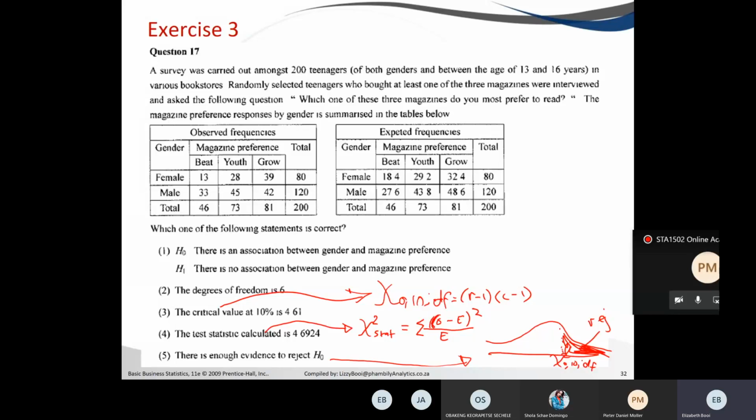None of the answers are correct. That's what Peter said. And he said the test statistic is 4.9642. There we go. As you can see, the test statistic there is not the same as what you have calculated. The last two digits are different.